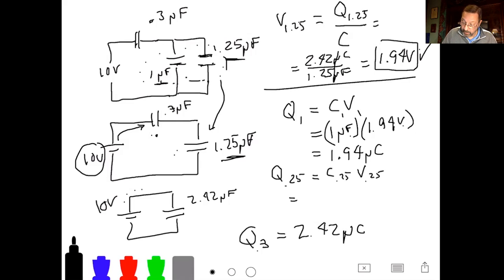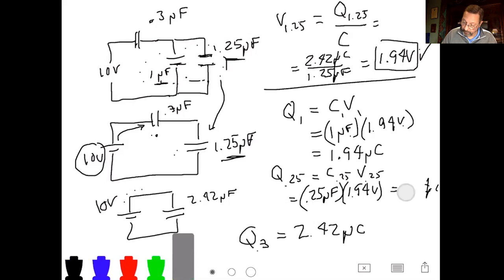And so this is equal to 0.25 microfarads times 1.94 volts. And when I took that to my calculator, I got 0.484 microcoulombs.